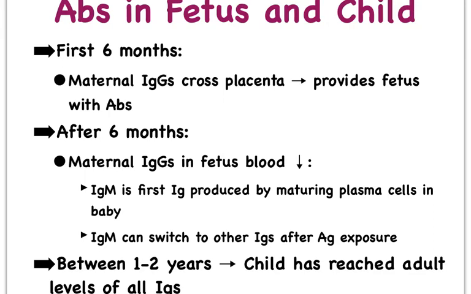And then after about 6 months, we're going to see that the maternal IgGs are beginning to decrease, because this is the time that the fetus can start producing its own first immunoglobulins. And remember that it's always IgM that's first produced, and later on it can go through class switching to produce some of the other antibodies. So within a couple of years or less, a child has pretty much reached the levels of immunoglobulins that you and I as adults have.